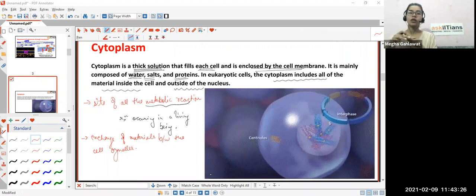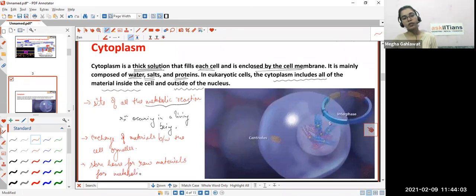The glucose will be floating around freely in the cytoplasm, and when the mitochondria need glucose, the cytoplasm will start moving and transport the glucose to the mitochondria, and the mitochondria will produce ATP, or energy, with its help. So, storehouse for raw materials for metabolic reactions. Please note this down with me.